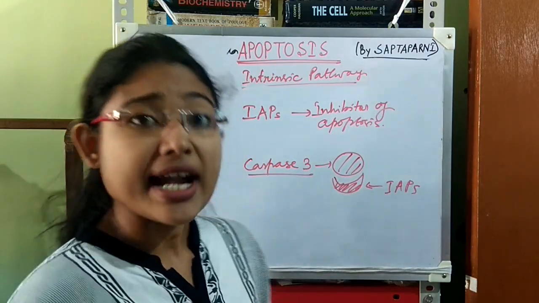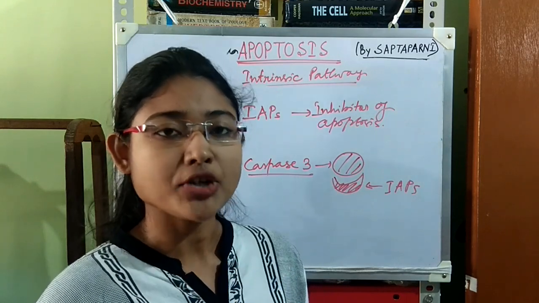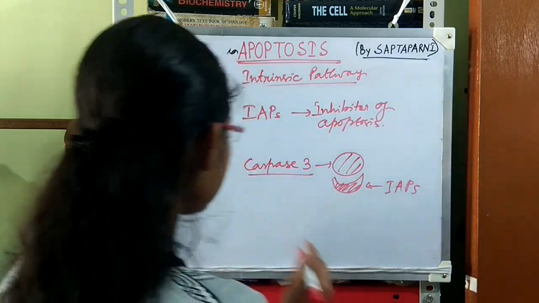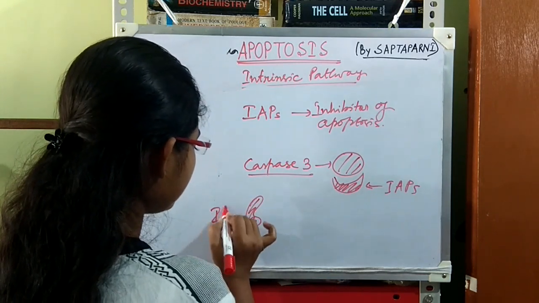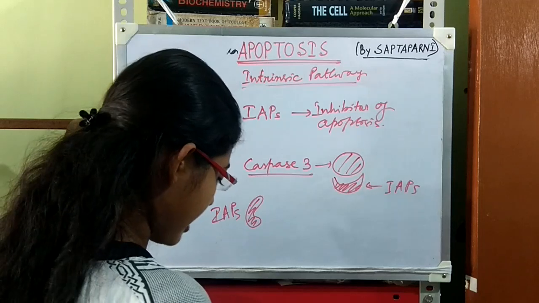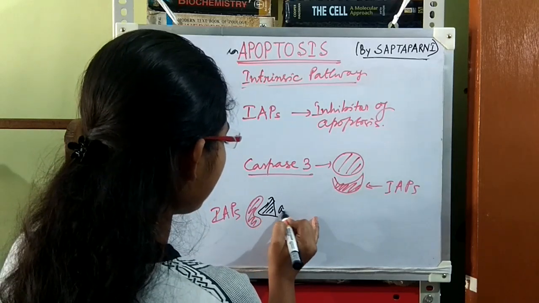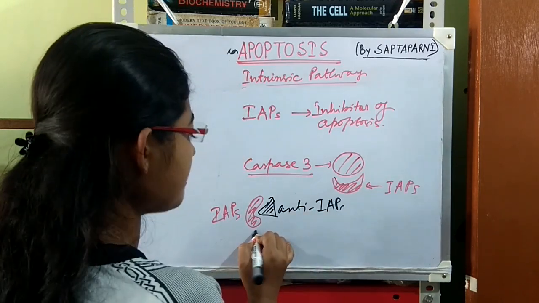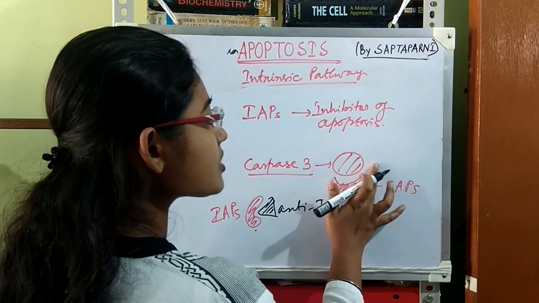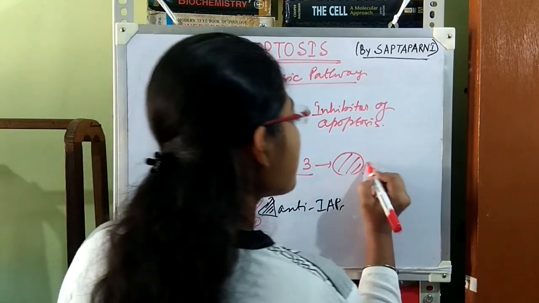There are also anti-IAPs inside the intermembrane space of the mitochondria. Anti-IAPs bind to the IAPs and inactivate them, so the caspase 3 remains free and can then cause the apoptosis.